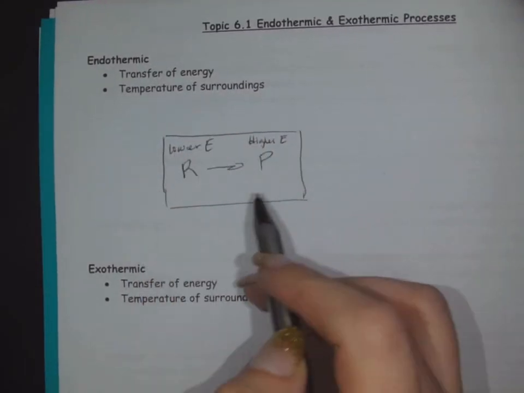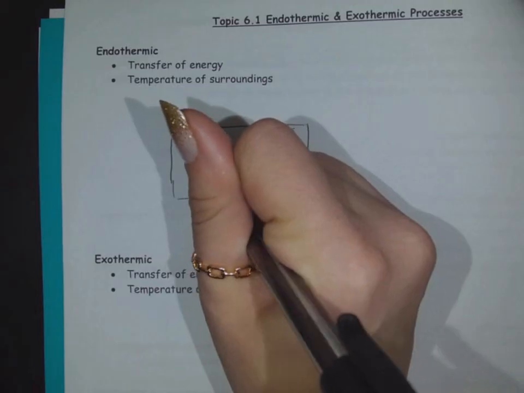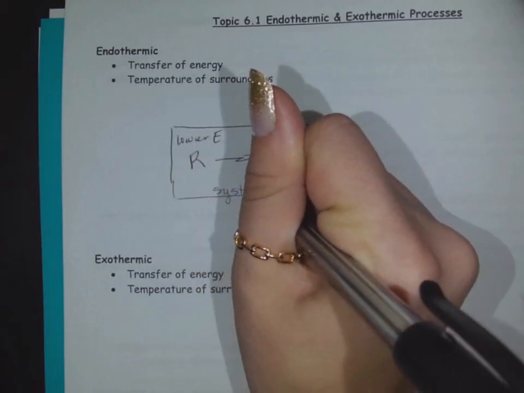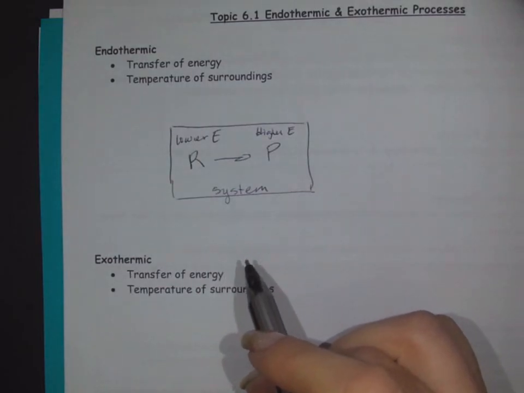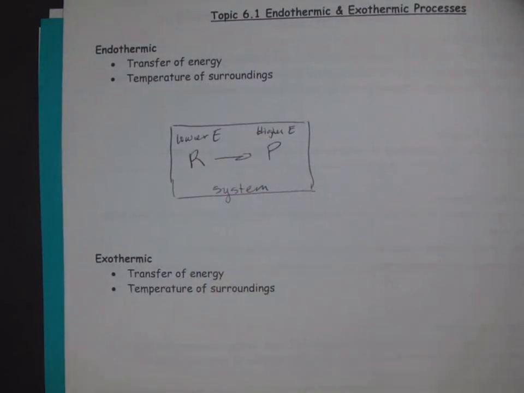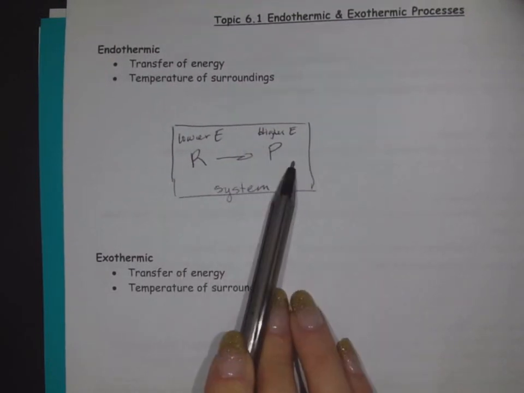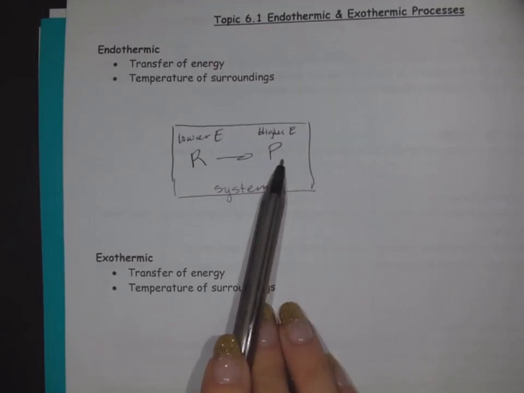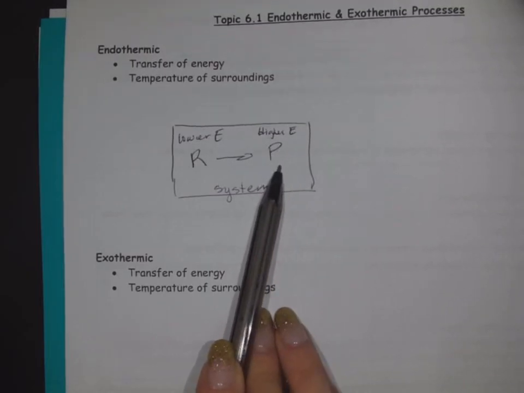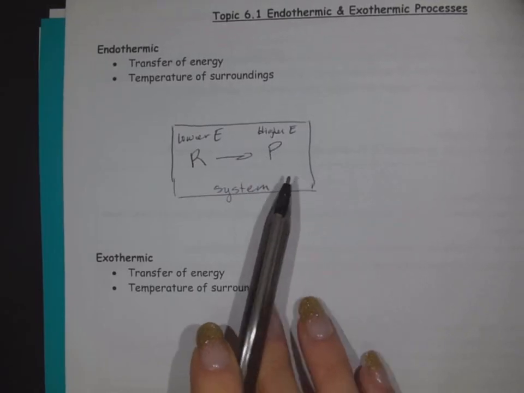Like I said, this box, this is the system. And then everything else is the surroundings. Like quite literally everything else. If the system is specifically these atoms that are going to react and turn into products, everything that is not those atoms, including you, including me, including the beaker, including the water molecules that are around it that didn't react, all of those things are part of the surroundings.